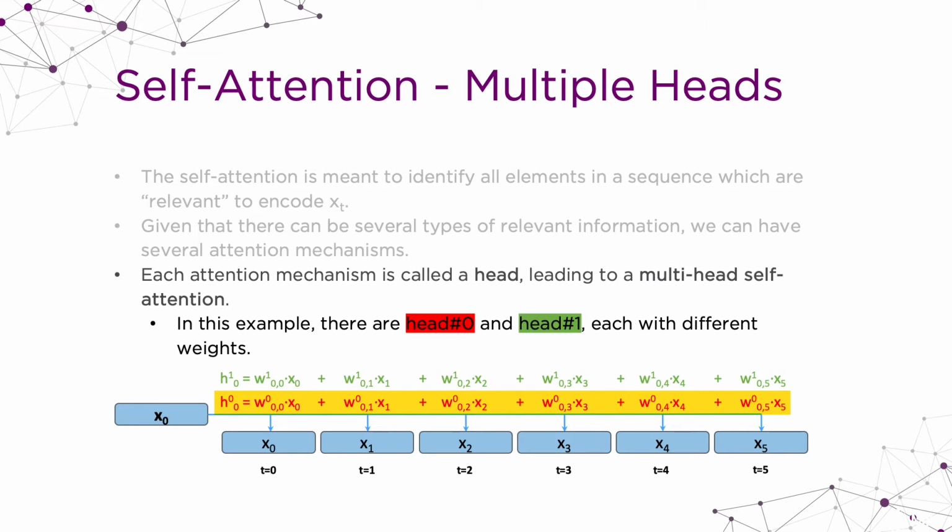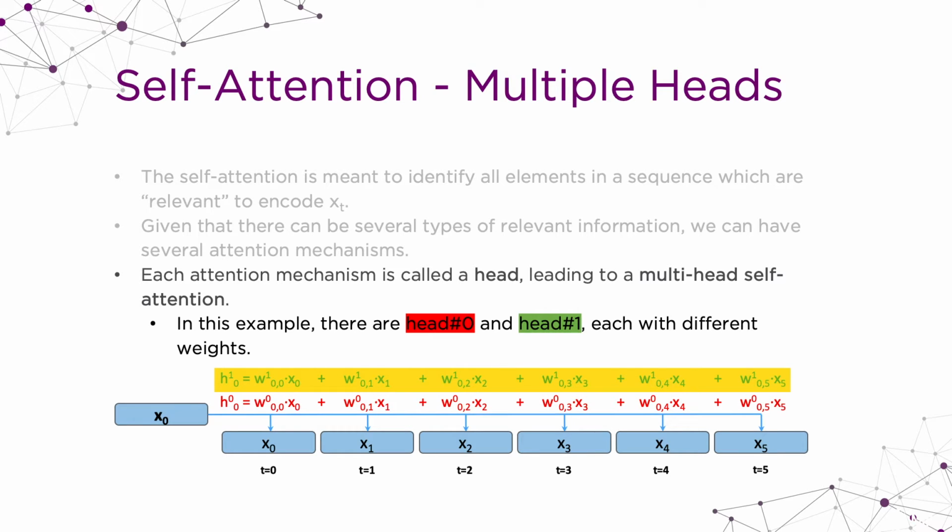We are computing the weights, we are computing the weighted sum, and we are ending up with this encoded version H0. And the other head will do exactly the same. So it will compute the weights, it will do the weighted sum, and come up with this encoded version H1.